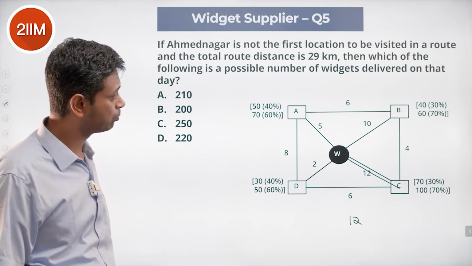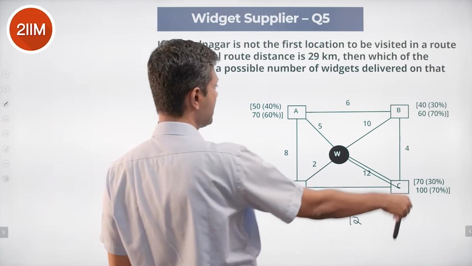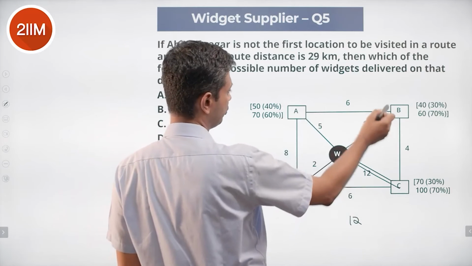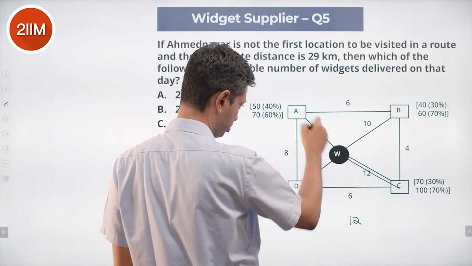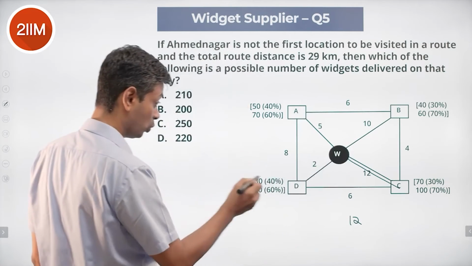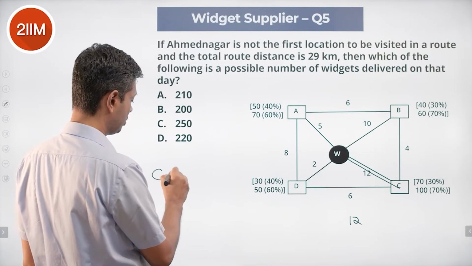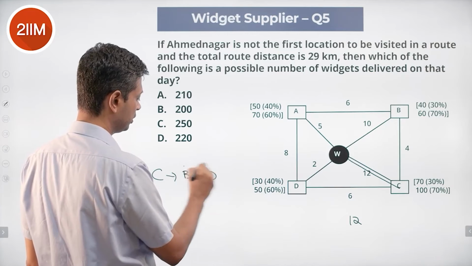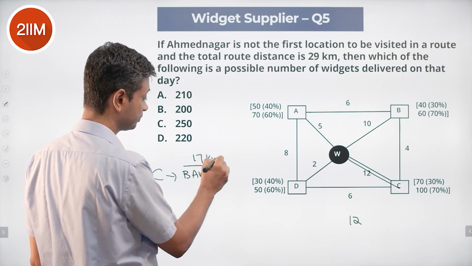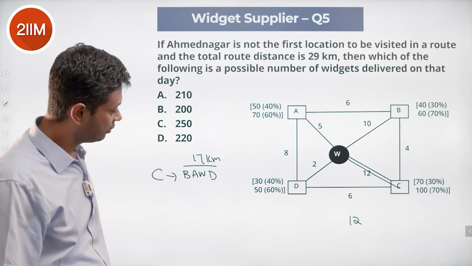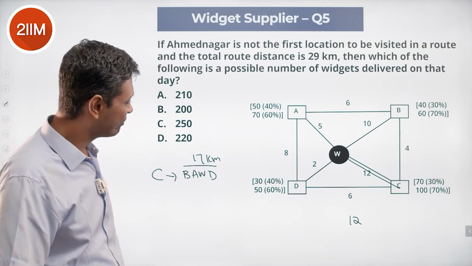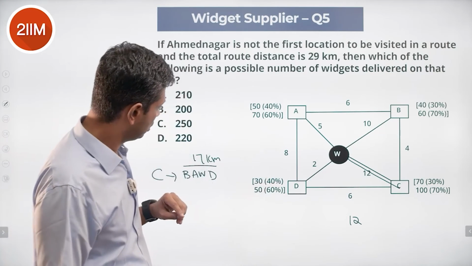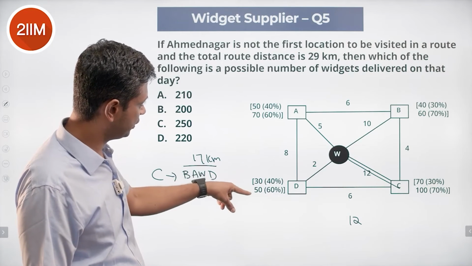Right, from C, I could do a BAD, 4 plus 6, 10 plus 17, 19. So from C, I could end up doing a BAWD. This will be 17 kilometers. That's a possibility. Right? From C, I will not go to D because this 30 and 50.